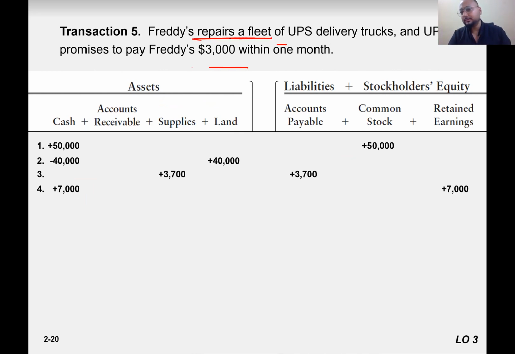Friday Auto Corporation provided the services, but the money will be received later. It means we have to create a customer account, which is accounts receivable, our asset. Future expected cash inflow, right? And this 3,000 is what? They provided services, so it is sales. It means retained earnings is going to be hit and accounts receivable is going to be hit, right?